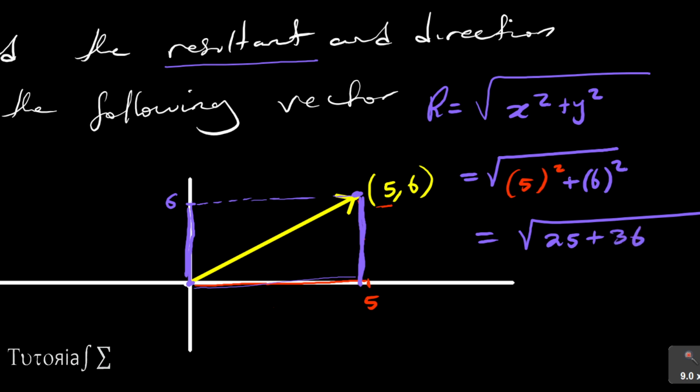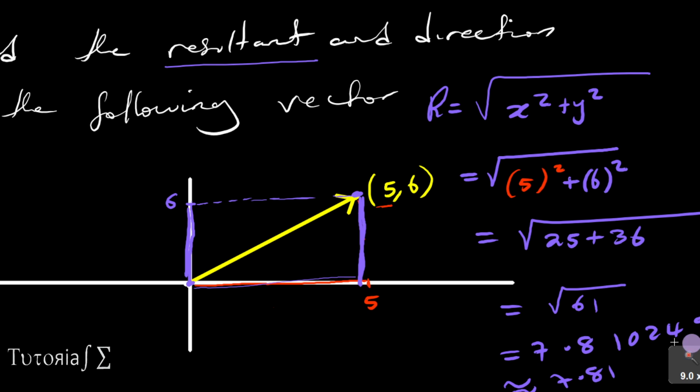So 25 plus 36 gives us root of 61, and we can evaluate the root of 61, and it gives us about 7.81024. Then we can round off as 7.81. Okay, so that is the resultant.